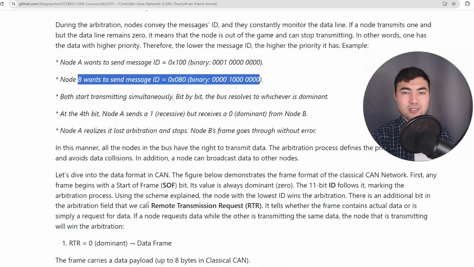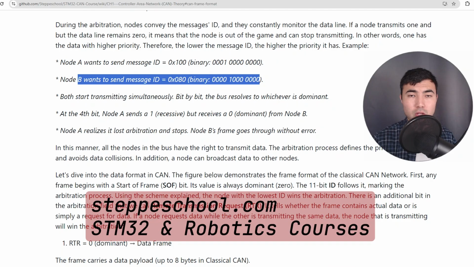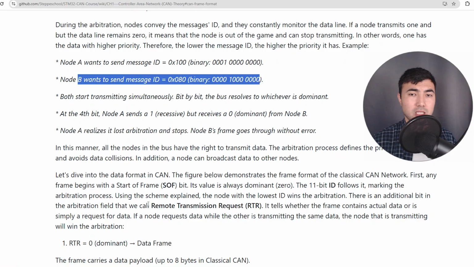Again, we can consider a simple example with a vehicle. Imagine that one of the nodes is sending data to control the lighting level, and another node is sending data to the braking system. Both nodes can send data simultaneously. There's nothing wrong with that. But as you can guess, the data for the braking system has much higher priority than the data to control the lighting.